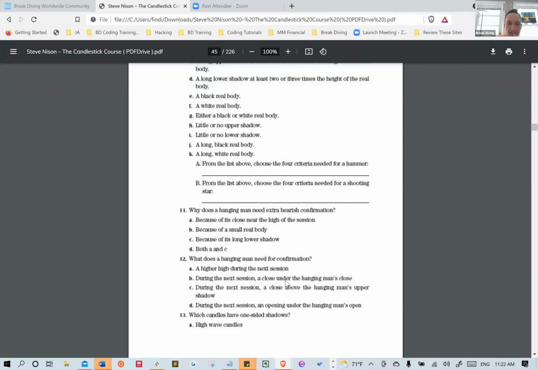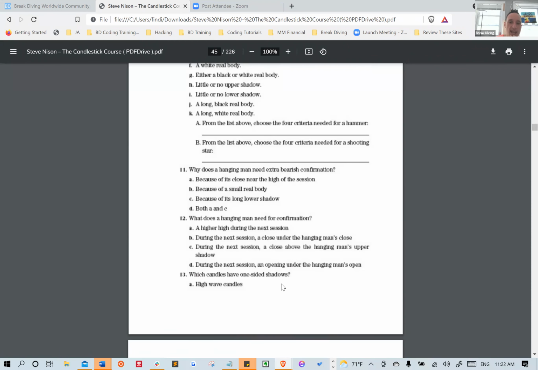I think A too. What does a hanging man need for confirmation? I think maybe D, both A and C, because of its long lower shadow as well. Extra bearish confirmation. Yeah, I think that's important too.